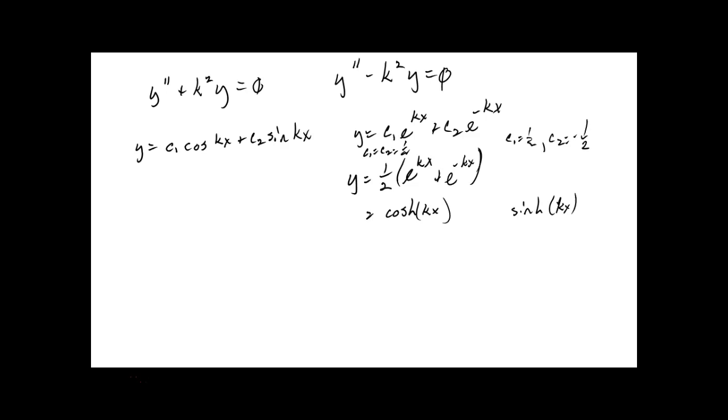Since hyperbolic cosine and hyperbolic sine are linearly independent on any interval of the x-axis, an alternative form for the general solution would then be y is equal to, now they go back and put in C, so it sounds like they're going in circles, and it really does feel like that, C1 hyperbolic cosine kx plus C2 hyperbolic sine of kx.